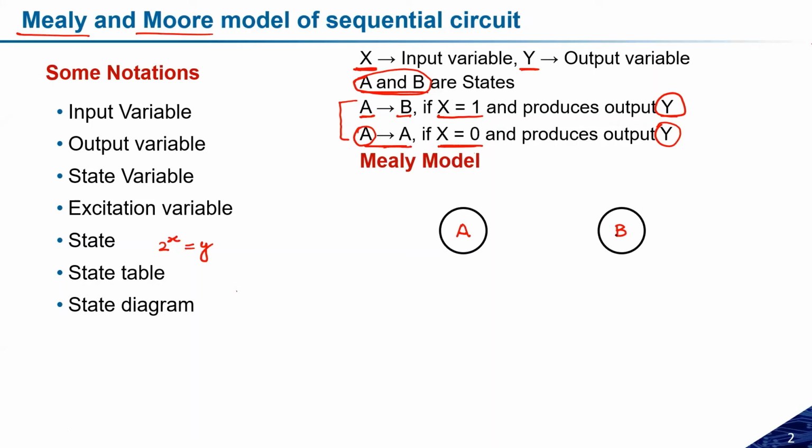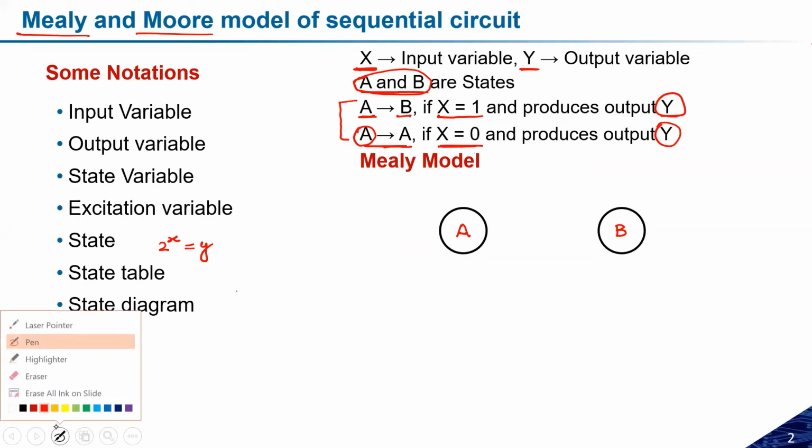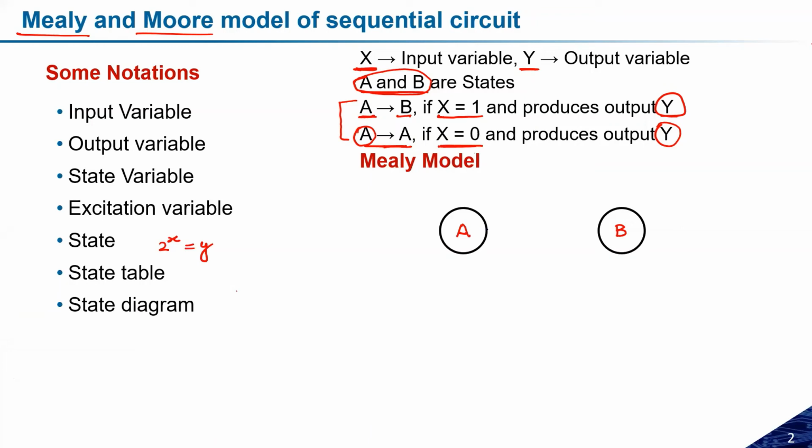Let me change the color so that it helps you understand. It will change from A to B if the input is x, meaning input is 1, and that will produce output y. So x slash y is the condition for this one. Initially the state was A, I am moving to state B if x is equal to 1, and the output it is producing is y. So x slash y is the representation for the first case.